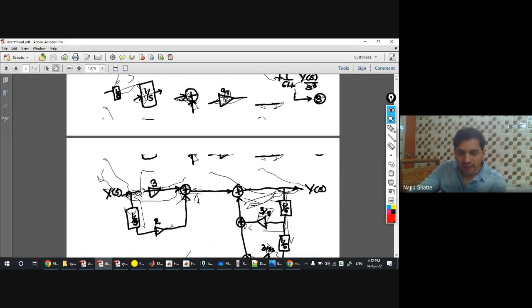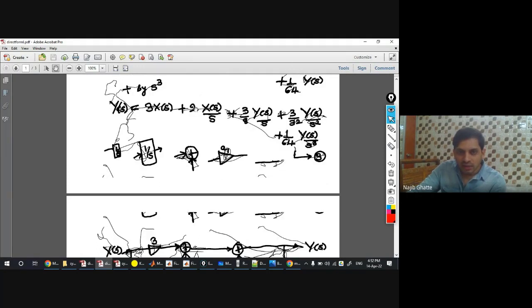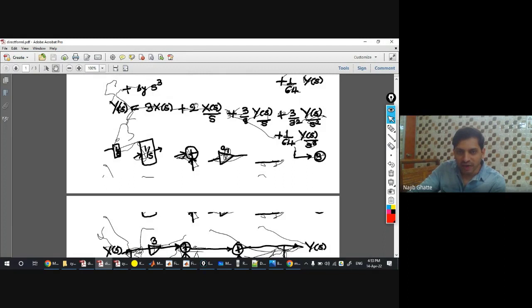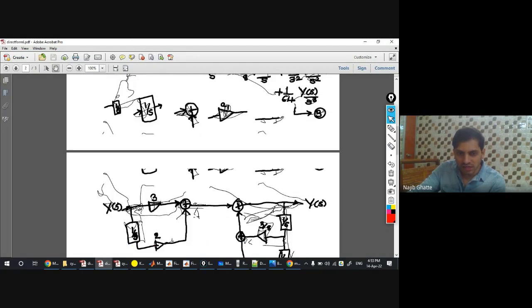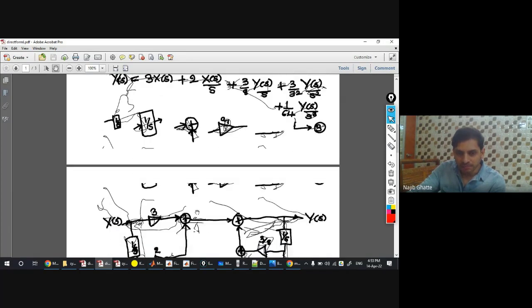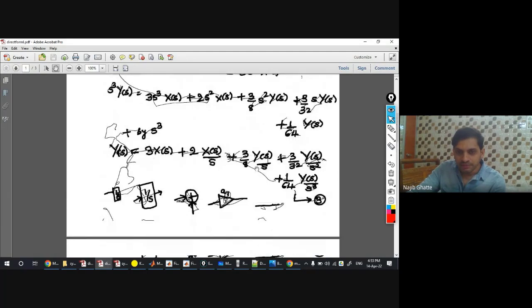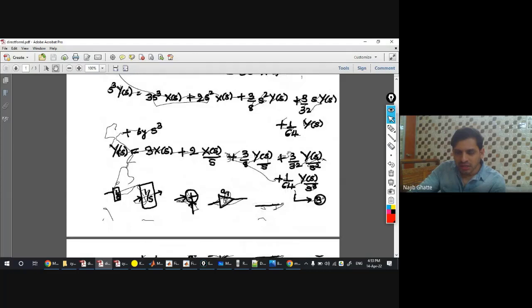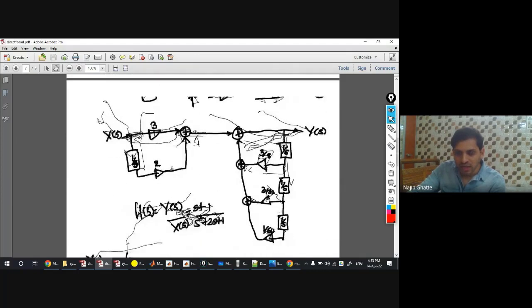So for x of s, I will draw an amplifier block with a gain of 3, and for 2x of s, again an amplifier block with gain 2, and 1 upon s as the gain of that loop, added with a plus. Then I have 3 by 8 with 1 upon s, and 3 upon 32 with 1 upon s square, since 1 upon s multiplied by 1 upon s gives 1 upon s square.